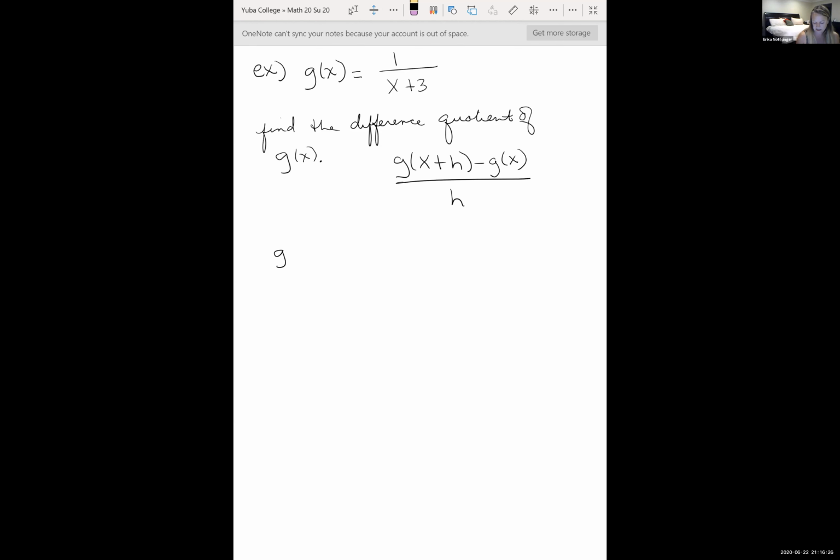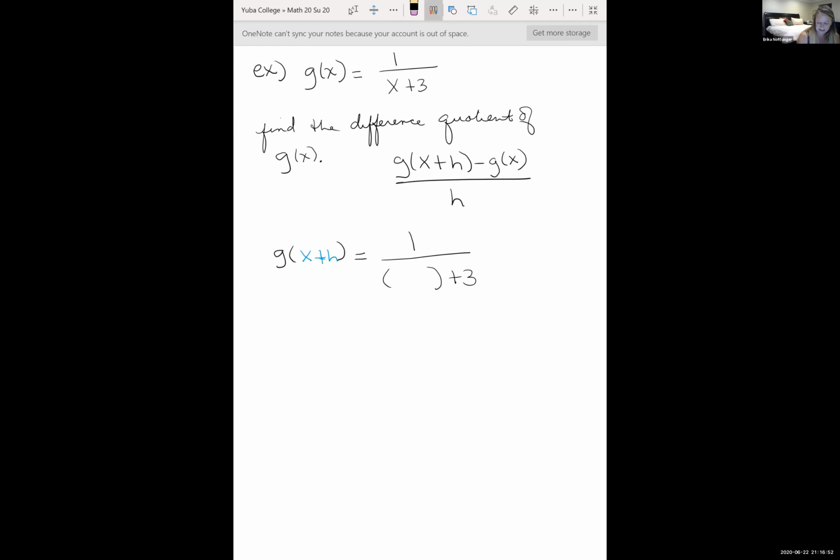So we want to figure out what g of x plus h is. So wherever you see an x in your function g of x, we're going to put a parentheses, and then you're going to rewrite that. Put x plus h in the parentheses. So you have 1 all over, you see an x there, parentheses, plus, and parentheses, and then plus 3.